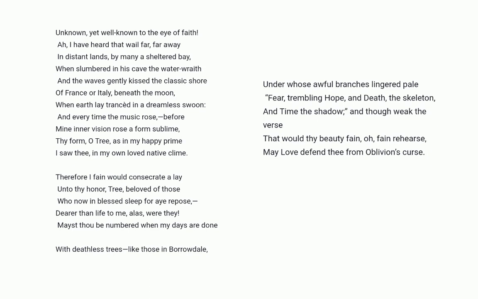However, comma, she constantly hears the lamenting music of the tree. Full stop.